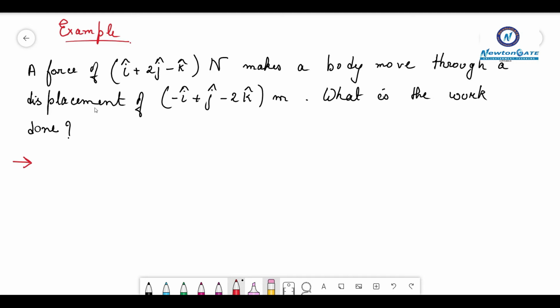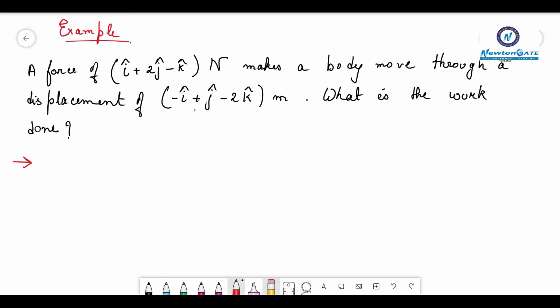Now, see, there's a question: a force of i cap plus 2j cap minus k cap Newton makes a body move through a displacement of minus i cap plus j cap minus 2k cap meter. What is the work done?